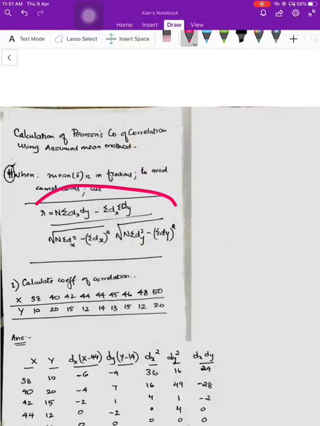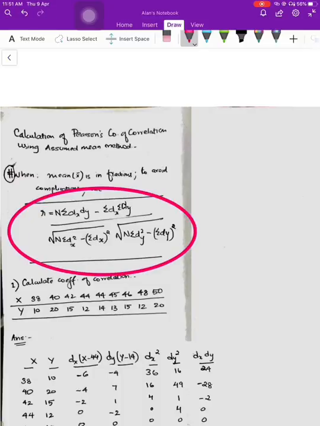That is, r is equal to n into sigma dx dy minus sigma dx into sigma dy, whole divided by root of n sigma dx square minus sigma dx whole square, into root of n sigma dy square minus sigma dy whole square. Okay, so this is the formula.